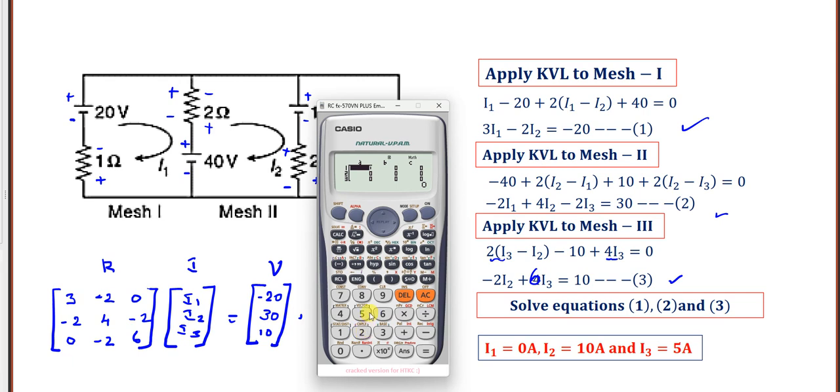So select option 2. First enter 3 is equal to, then minus 2 is equal to, 0 is equal to, minus 20 is equal to, minus 2 is equal to, 4 is equal to, minus 2 is equal to, 30 is equal to, 0 is equal to, minus 2 is equal to, 6 is equal to, 10 is equal to.